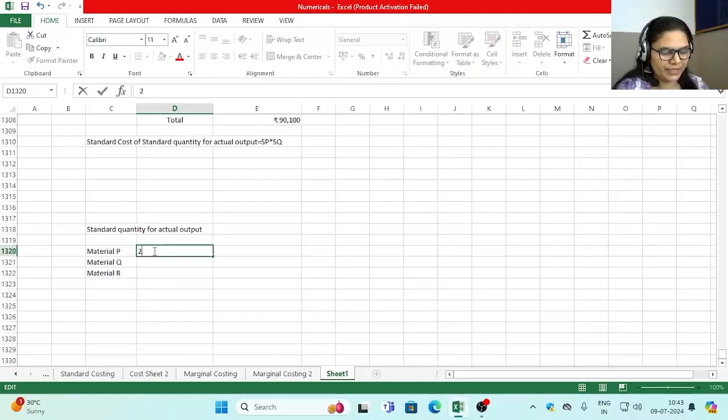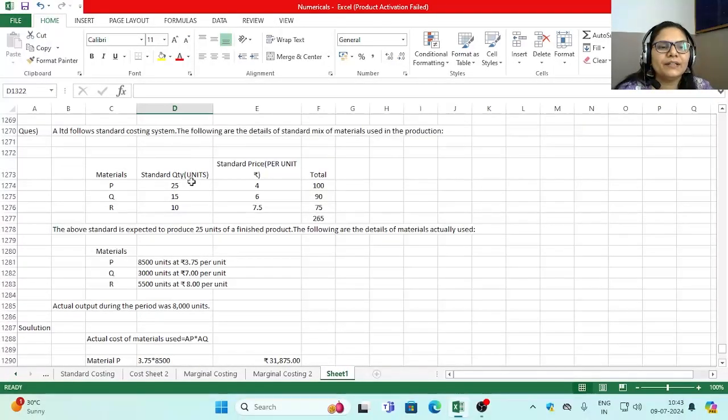First of all, 25 divided by 25 multiplied by 8,000. Now what we have done over here, we know the standard quantity for material P is 25 and the total unit of a finished product is 25. We need to know what is the composition of material P when it is producing 25 units of a finished product in standard quantity. Means, I explain it again.